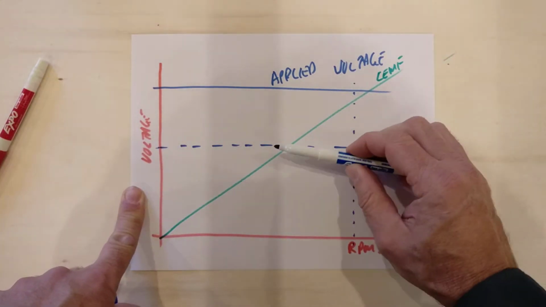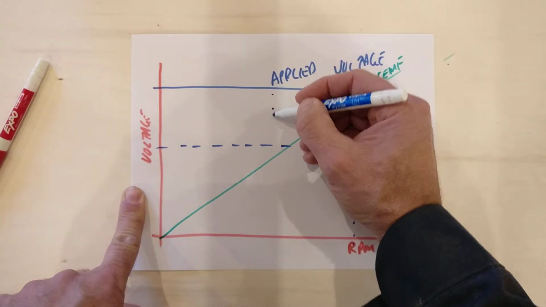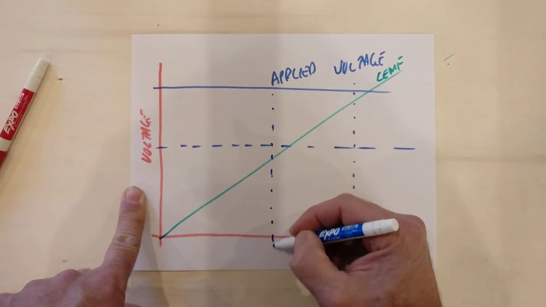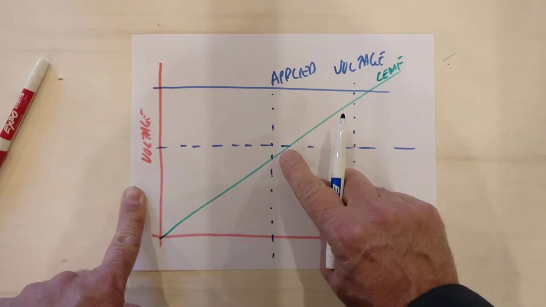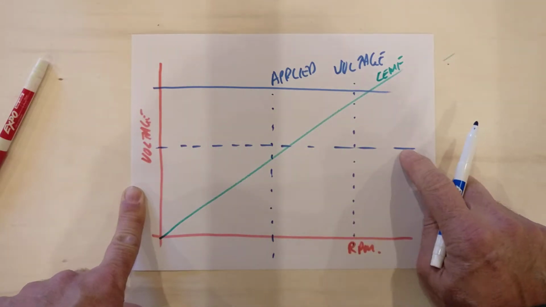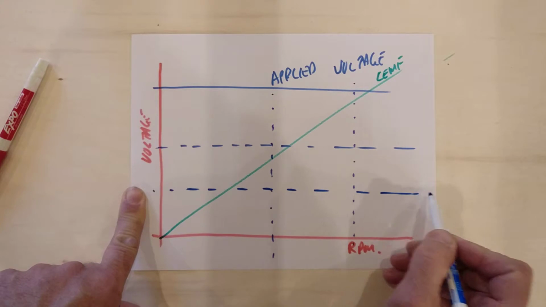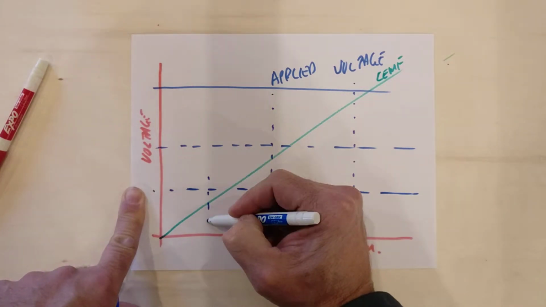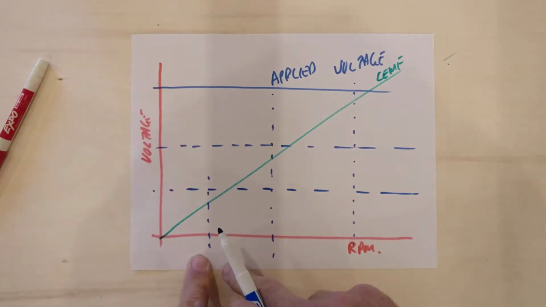What you can see here is that the motor will now start to want to run at a new place just before where the counter EMF equals the applied voltage.